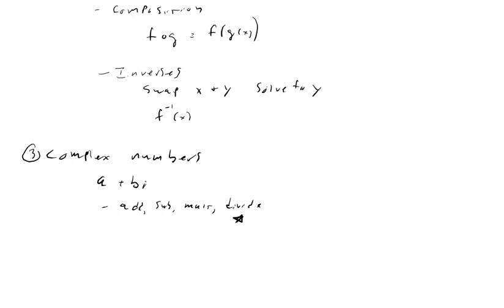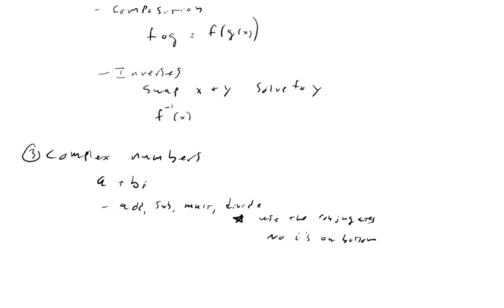That's where you have to do things like use the conjugates. Remember, no i's on the bottom. Eyes up here, everybody. Eyes up here. No i's on the bottom.